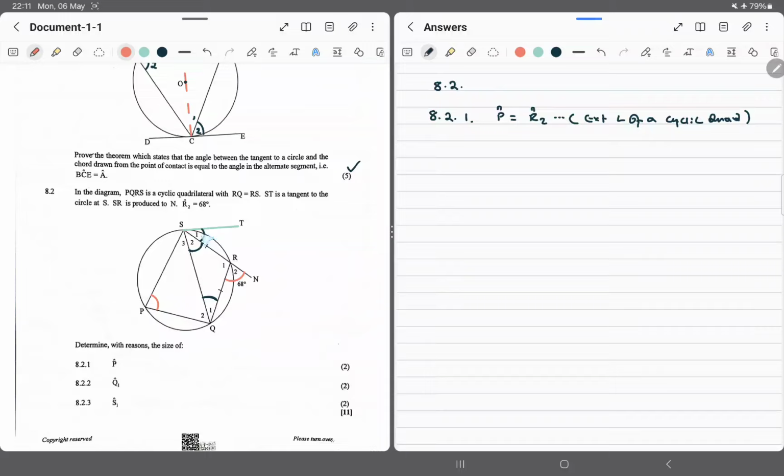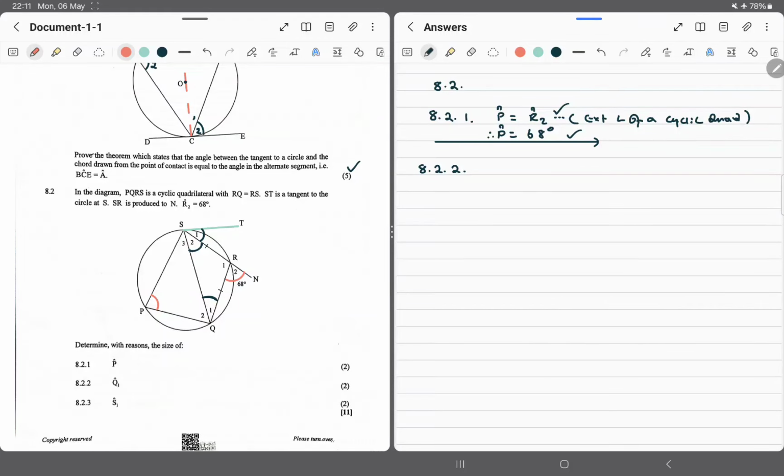At least there's only one cyclic quad here, so we don't need to specify. Therefore, our angle P is going to be 68 degrees. So that's a nice answer there. Usually statement and reason and the value gives us those 2 marks.